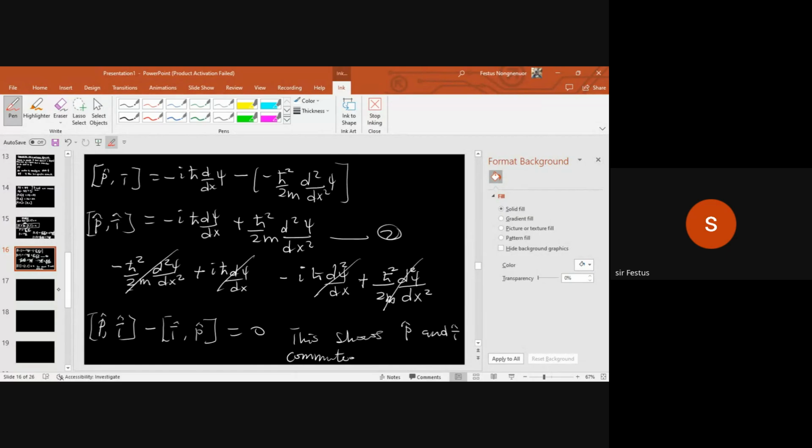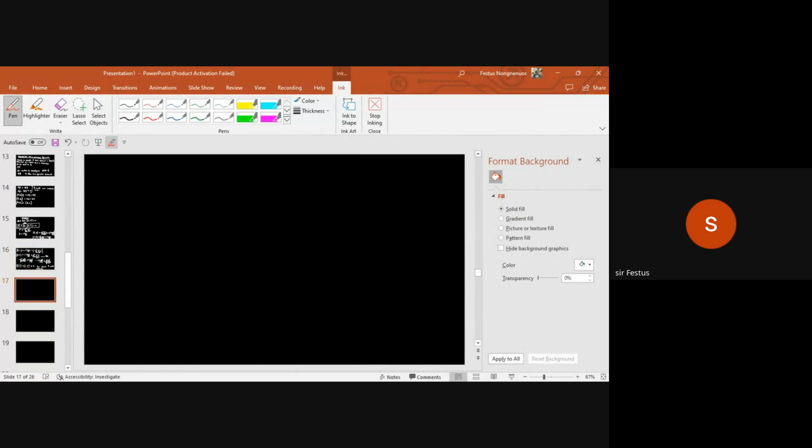So let's do that in the third example to see whether what Heisenberg said is wrong or right. So, no, this is 3. We want to replace the kinetic energy with position. The same way, check whether the X operator and the momentum operator commute.